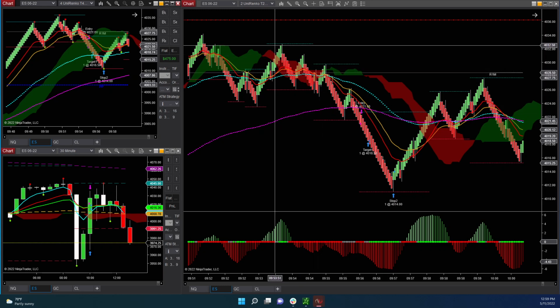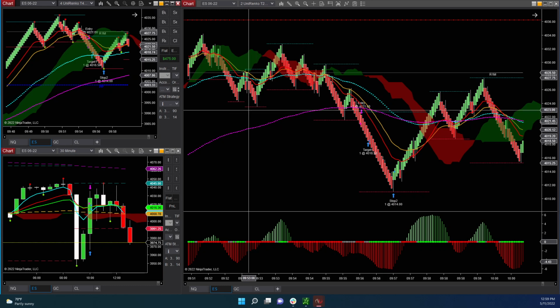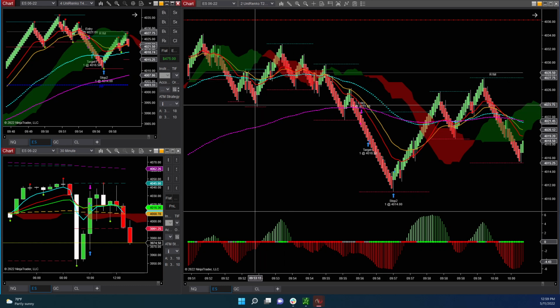So here is the entry chart. Before that, I'm going to point out that the 30-minute chart, which is this one here, is in this bar. That bar there is where I took the trade, and it was moving up.